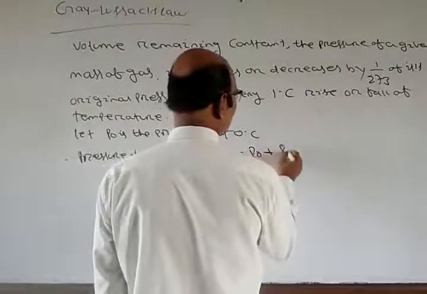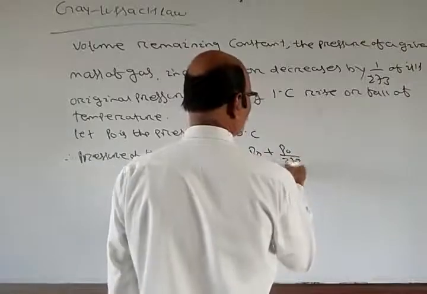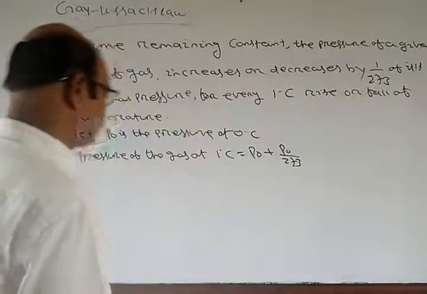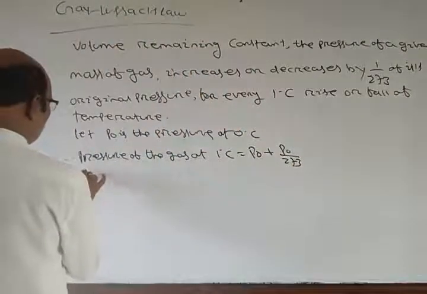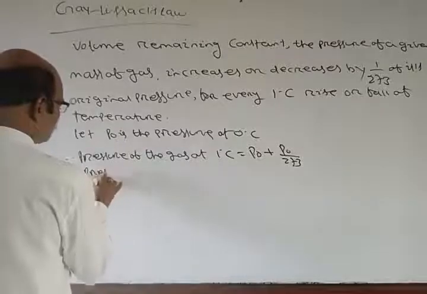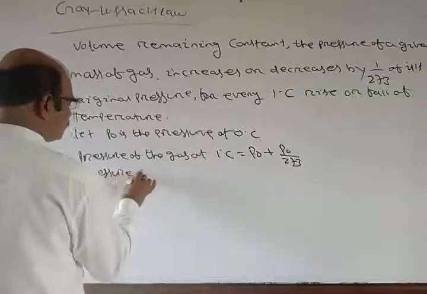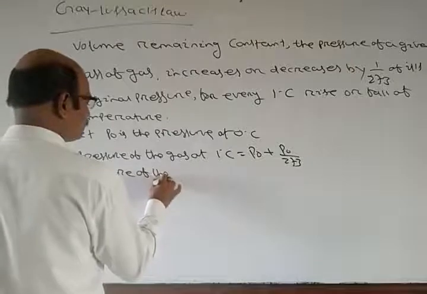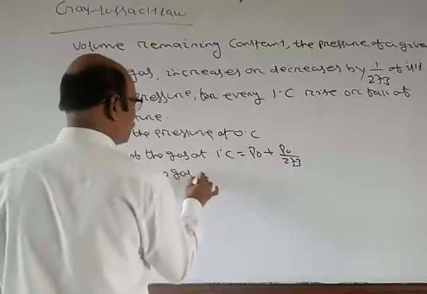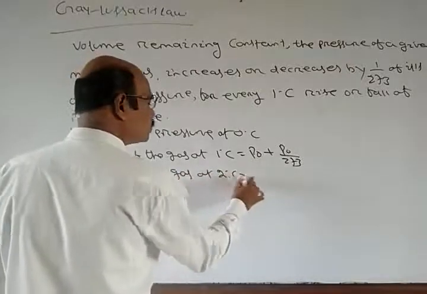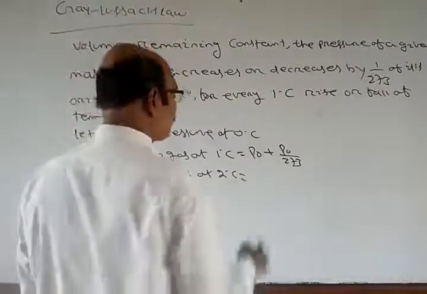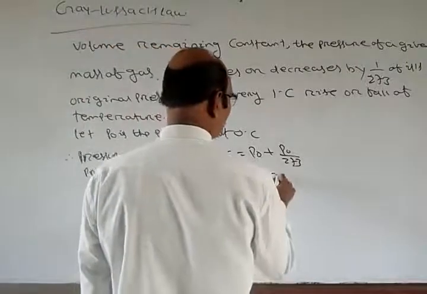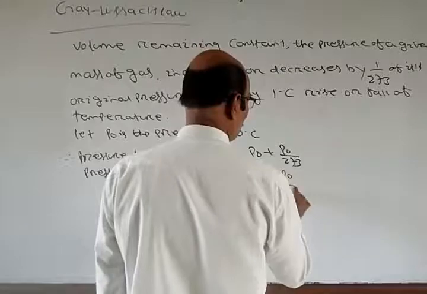P0 plus P0 by 273. Similarly, pressure of the gas at 2 degree centigrade equal what? P0 plus 2 P0 by 273.